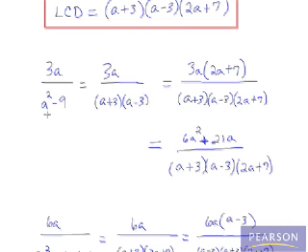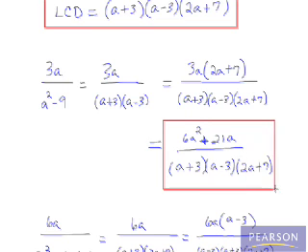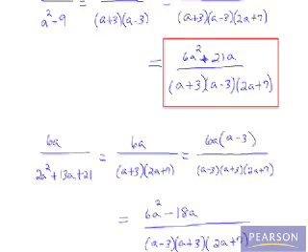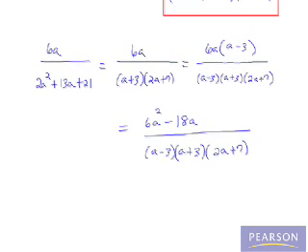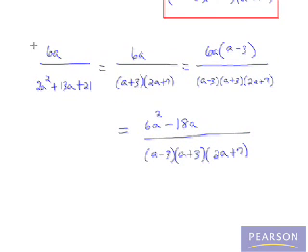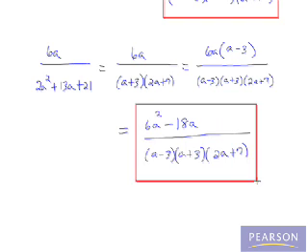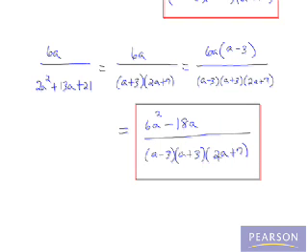Our first fraction, 3a over a squared minus 9, has the equivalent fraction 6a squared plus 21a over the LCD. And finally, our second fraction, written as an equivalent fraction using the LCD as the denominator, is given here.